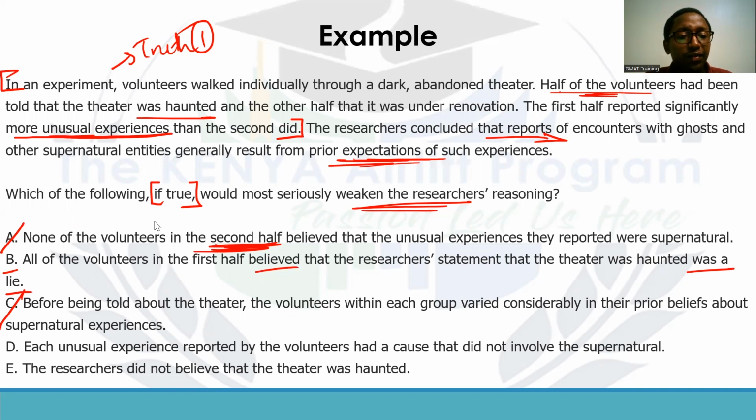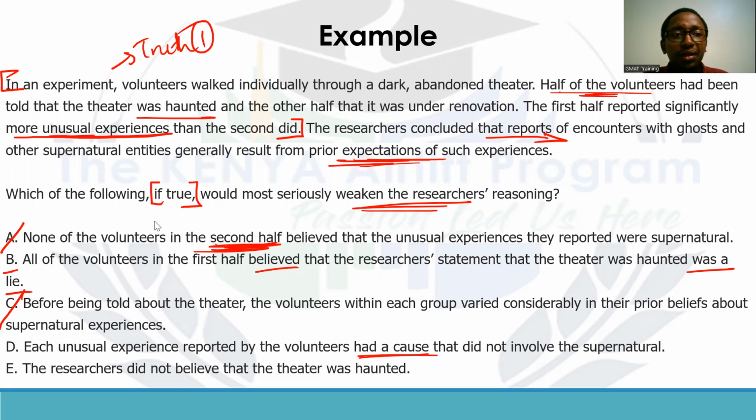So if this is true, that it had a cause, these volunteers, though, they did not know. So even if this is true that every unusual experience did not involve the supernatural, the volunteers didn't know.